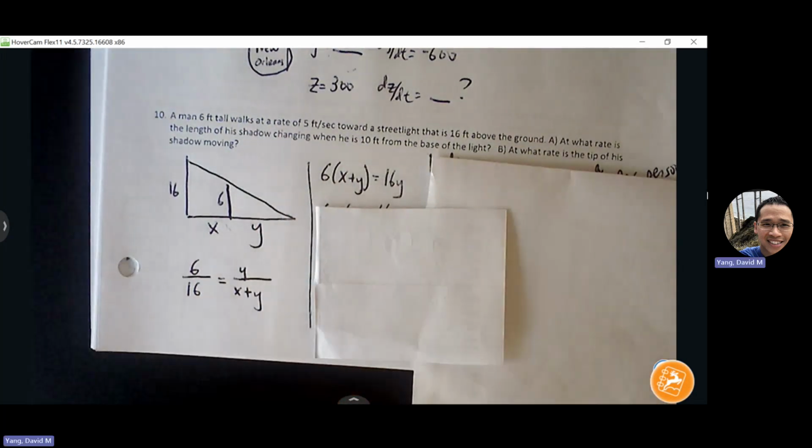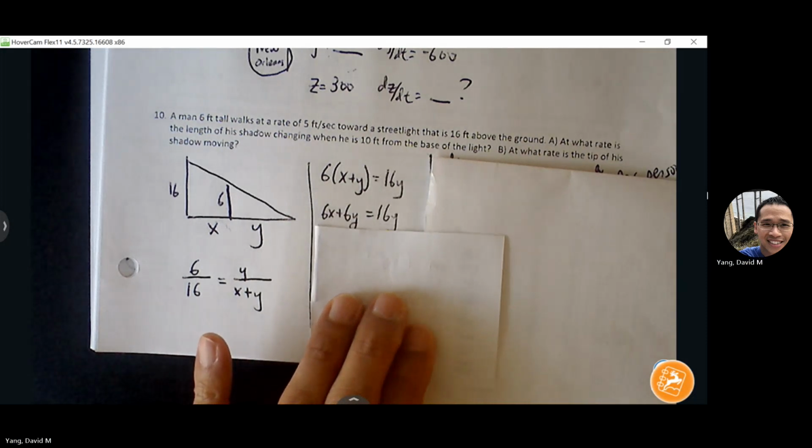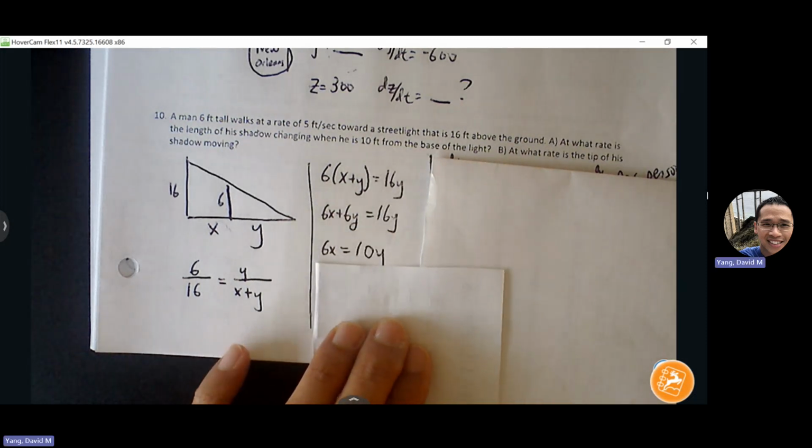Okay, so once you cross multiply, we get 6x plus 6y equals 16y. Combine like terms.